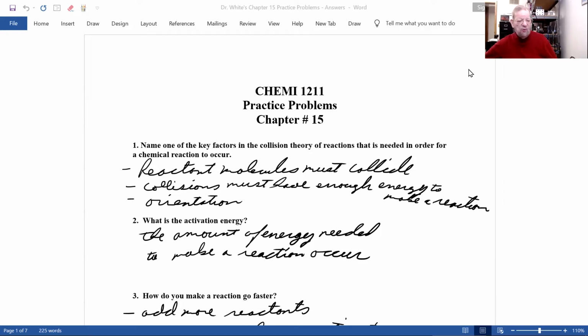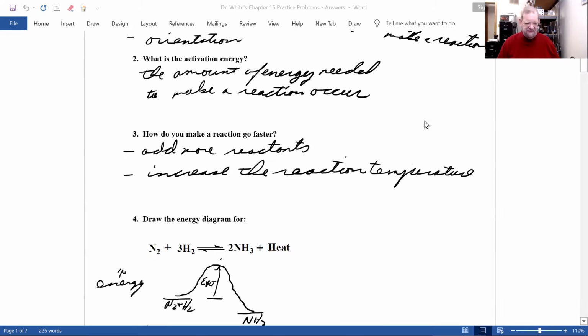Number 2, what is the activation energy? That's the amount of energy needed to make a reaction when reactants collide. And how do you make a reaction go faster? Well, you can add more reactants, increasing concentration.